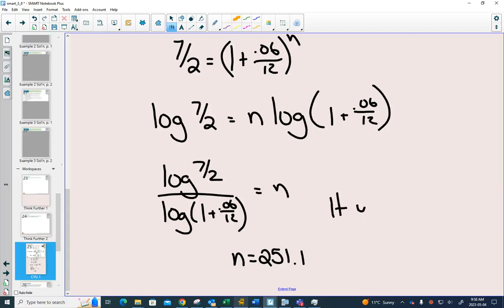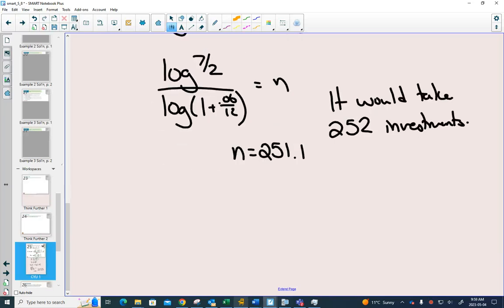As a statement here, 251 is not enough. To make sure that you had 100,000 or more, you would need 252 investments. So sometimes the rounding in these questions is interesting because in this case, we're going to have to round up in order to get $100,000. 251 wouldn't be enough.